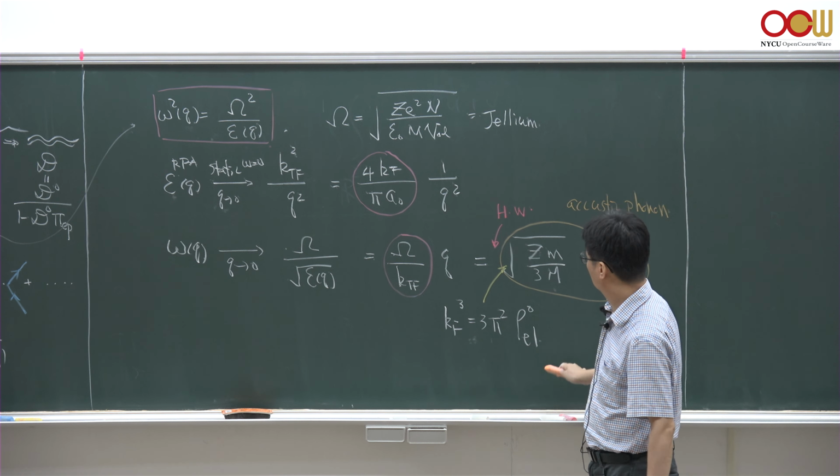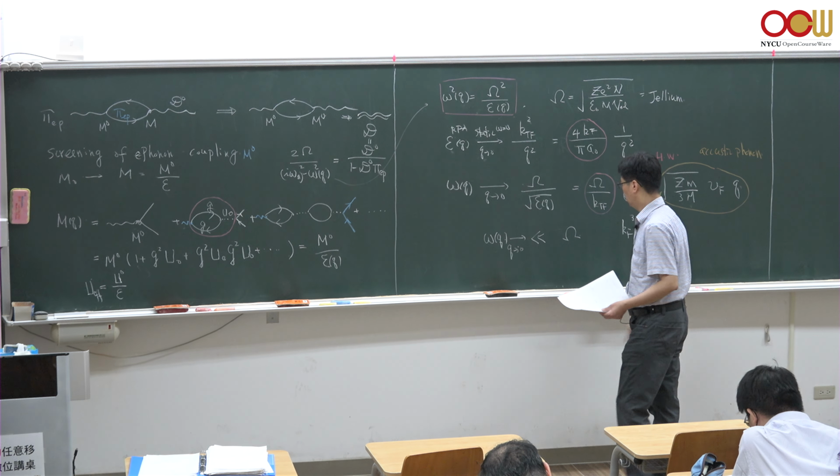So if you make a plot of this, later we'll see the real part of this effective electron-electron interaction, mediated by the electron-phonon coupling, and you will see that at a shift of your frequency this effective interaction becomes 0. Okay, so we will do that later, but you will see immediately that this little omega as a function of q, when q goes to 0, is actually significantly smaller than this constant capital Omega.